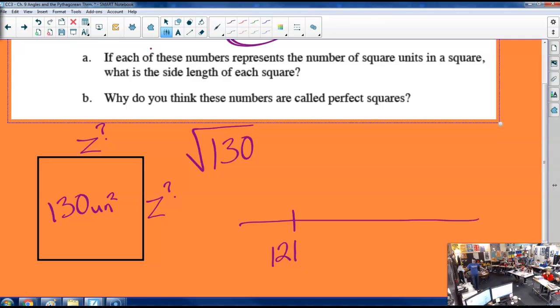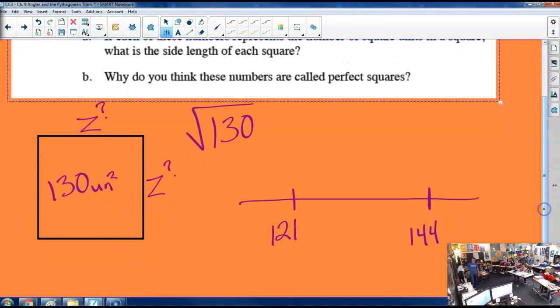Please show this on your paper. And the perfect square above it? 144. So 121 is actually 11 squared, right? And 144 is actually 12 squared.